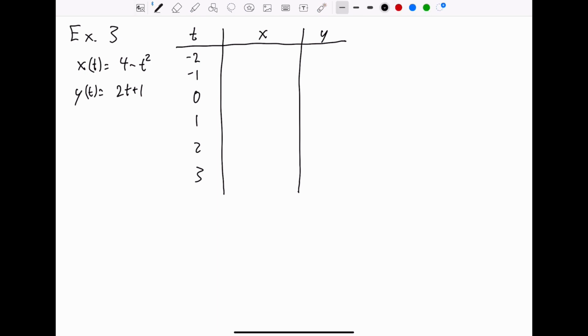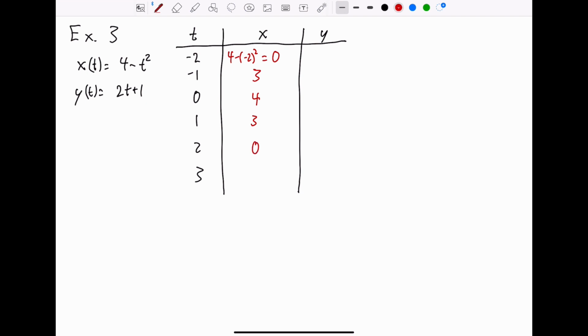So starting with the x values, we have 4 minus t squared. So our first x value is 4 minus -2 squared. -2 squared is 4. 4 minus 4 is 0. Then 4 minus -1 squared is 4 minus 1, which is 3. 4 minus 0 squared is 4. 4 minus 1 squared, 3 again. 4 minus 2 squared, that's 4 minus 4, so we have 0.